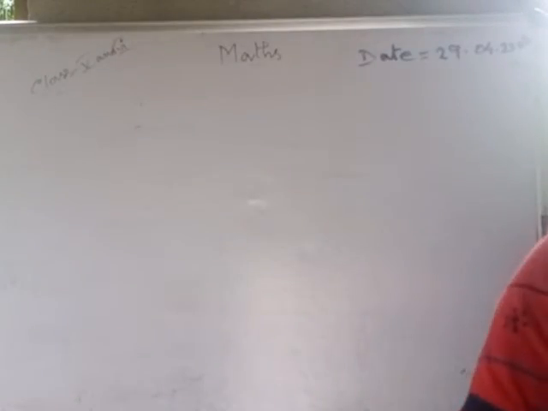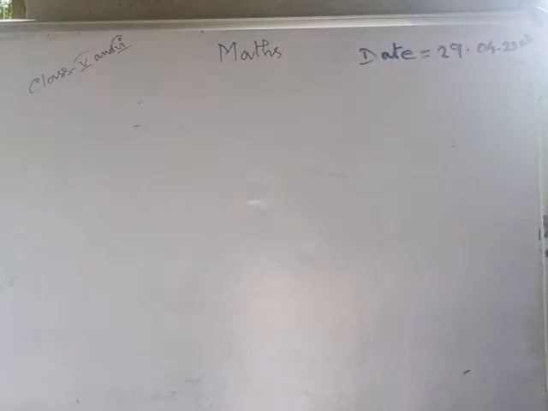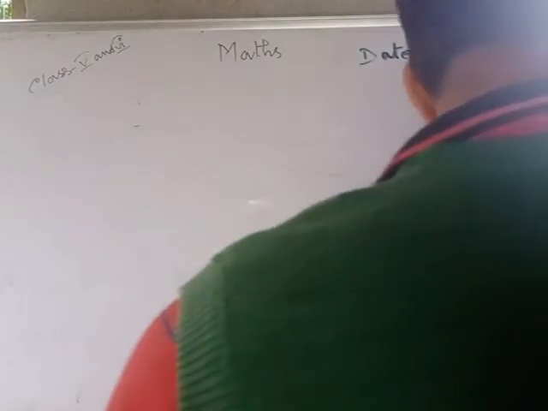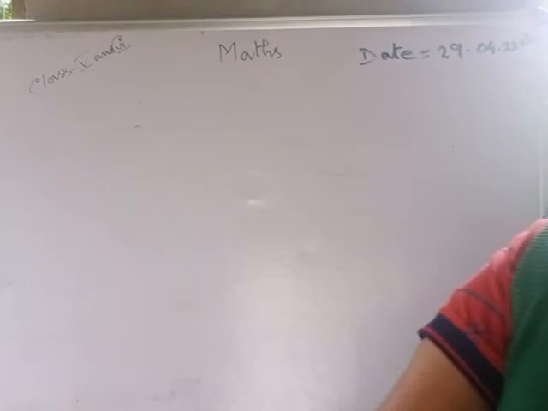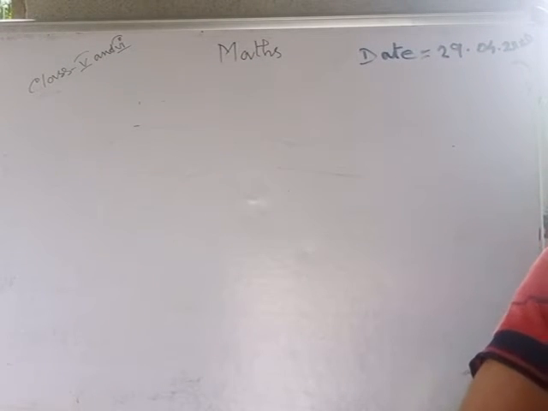When it is a bigger number, you should find out the HCF by the division method. How to solve by the division method?